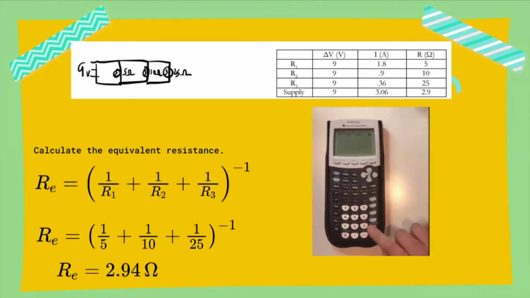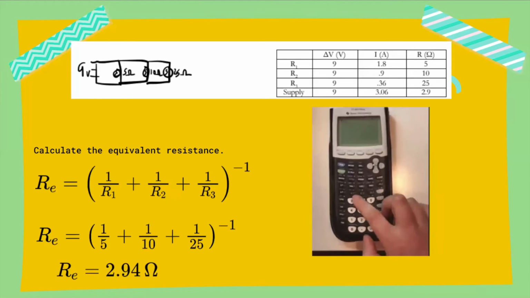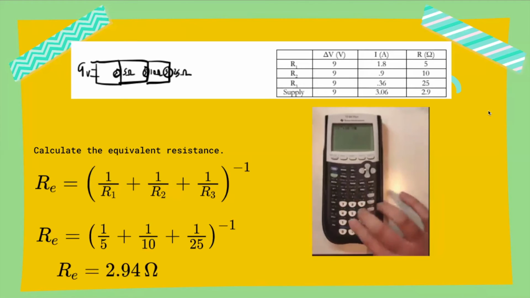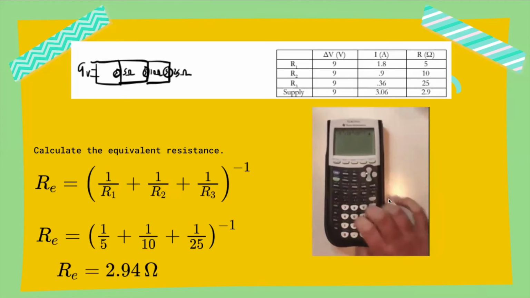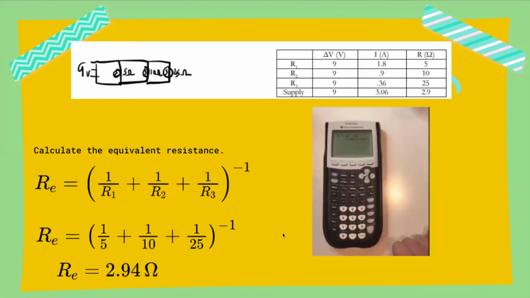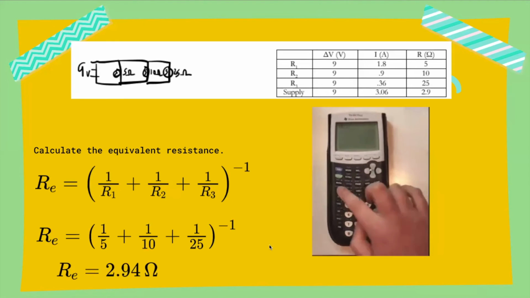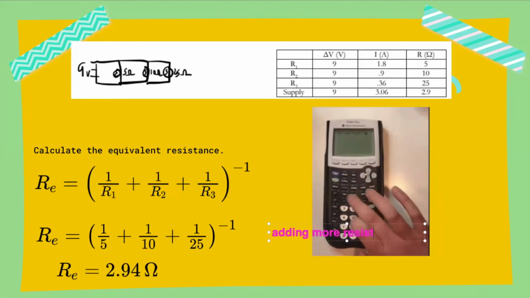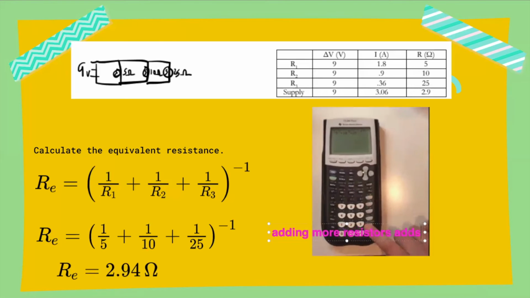Okay, so what is up with that? I have more resistors, so how can my equivalent resistance be lower than any of my resistors? Well, actually, that kind of makes sense. Adding more resistors in parallel adds more paths.